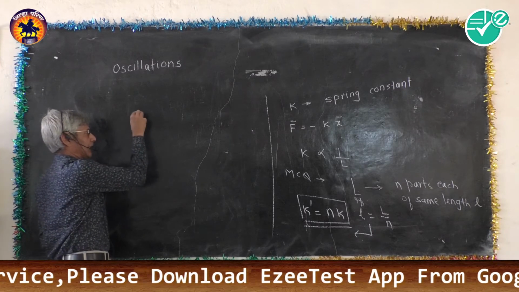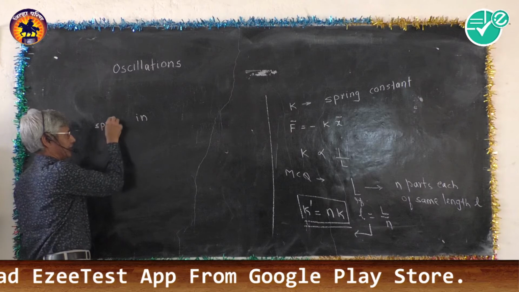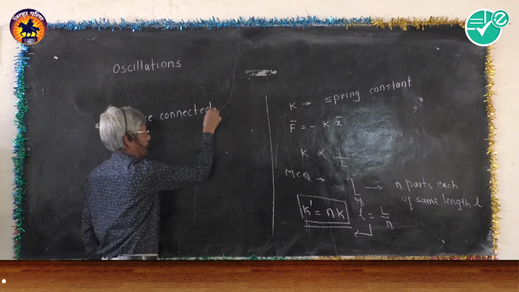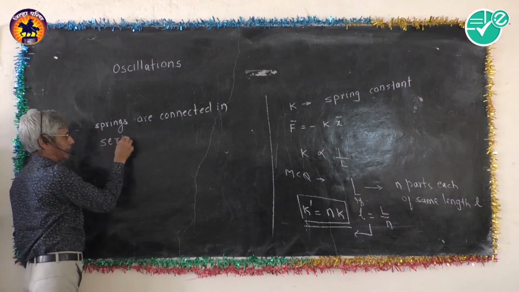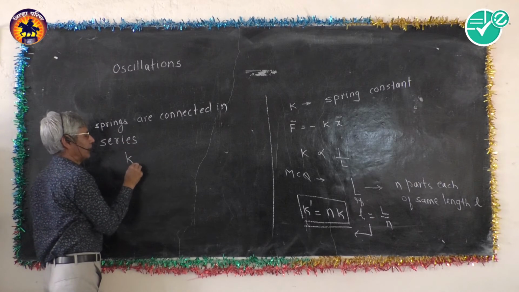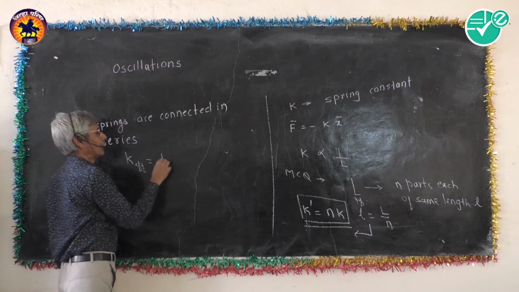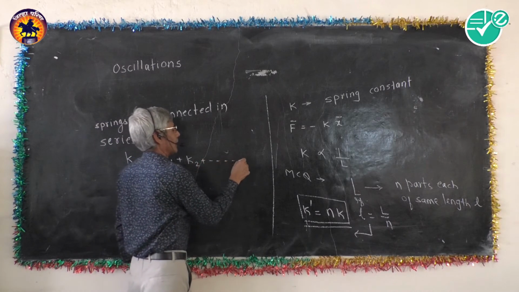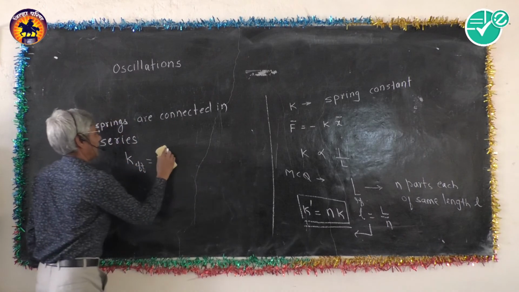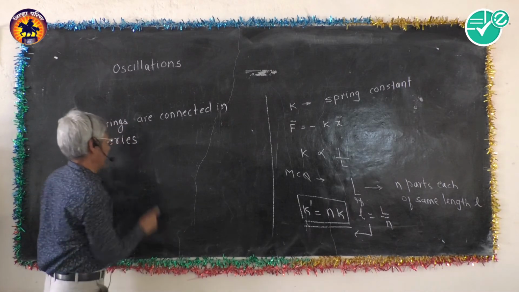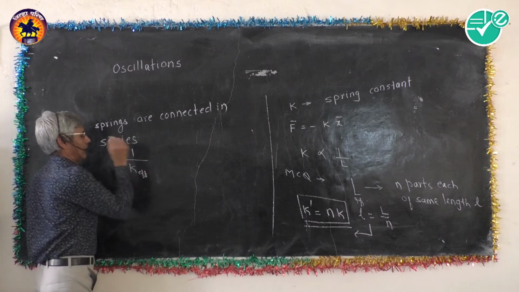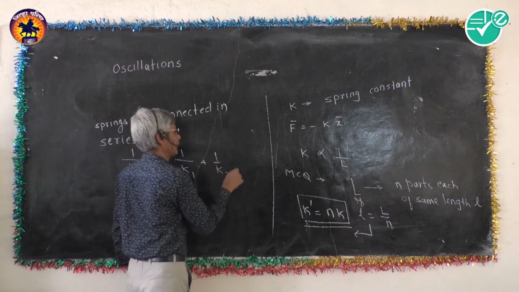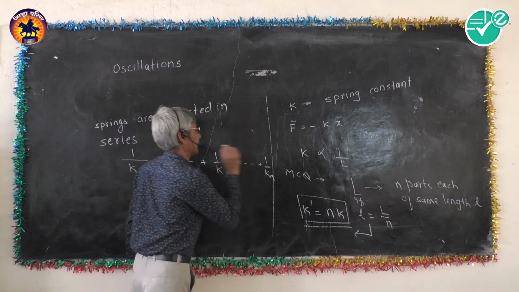If the springs are connected in series, then the reciprocal of the effective value of the series combination will be equal to 1 by K1 plus 1 by K2 plus dash dash plus 1 by Kn.